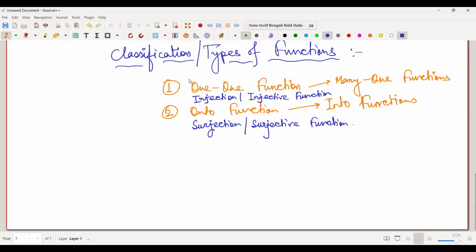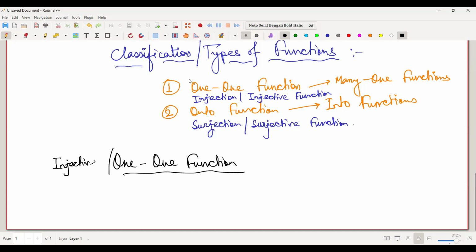Now examples. Okay, one-one function, or injective function. There is a definition of injective functions.